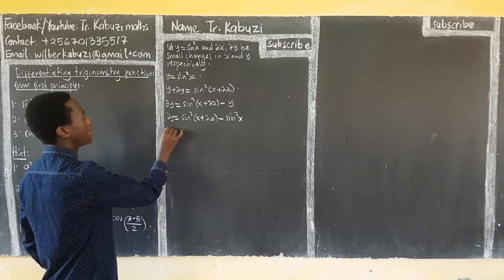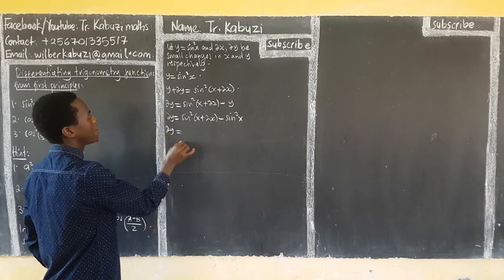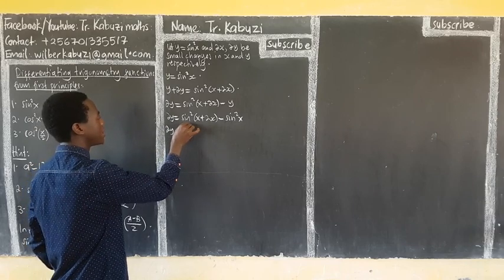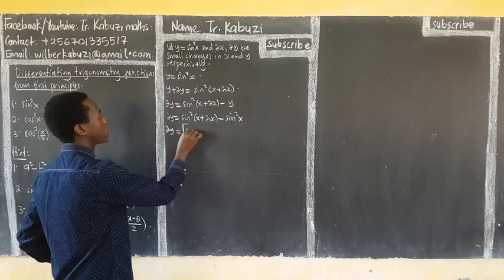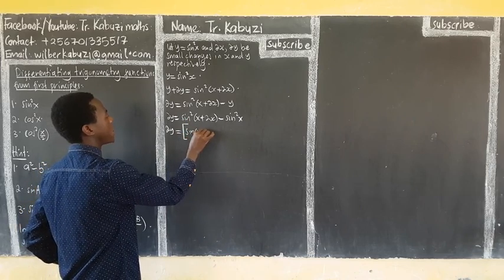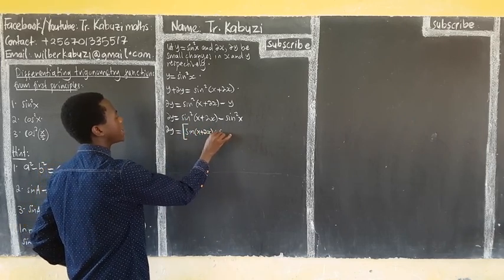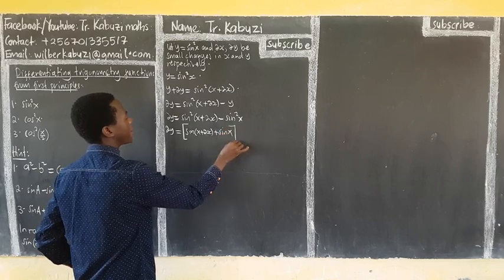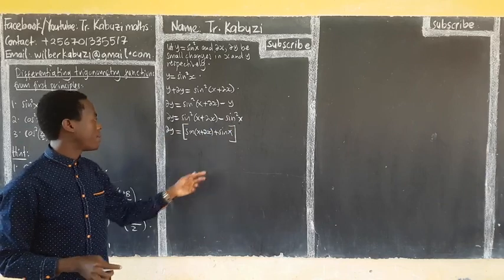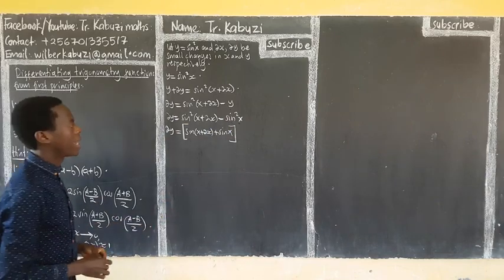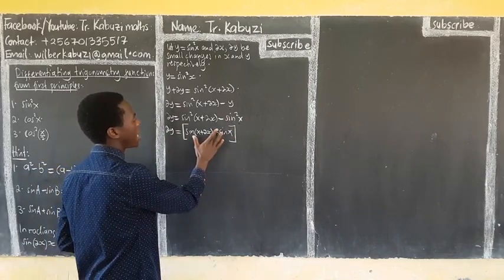So from here, delta y is going to be, now you open brackets, you add this and this, so you get sine of x plus delta x, then plus sine x. This is our a, this is our b. You subtract them, then you follow the signs here.